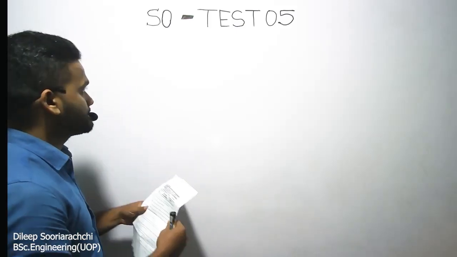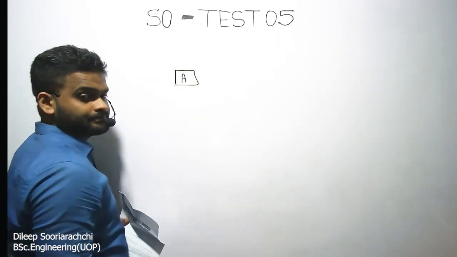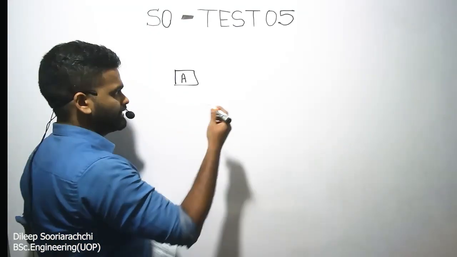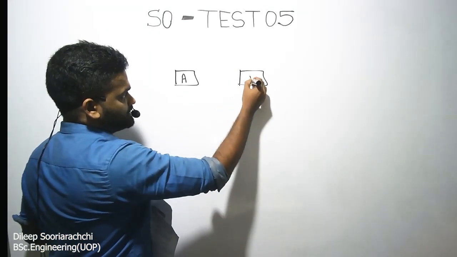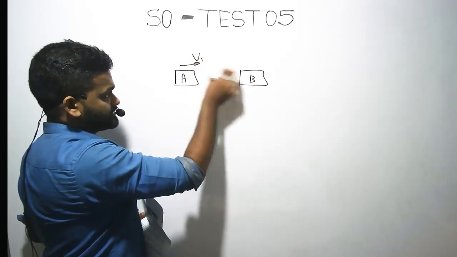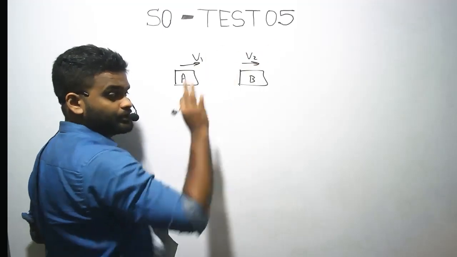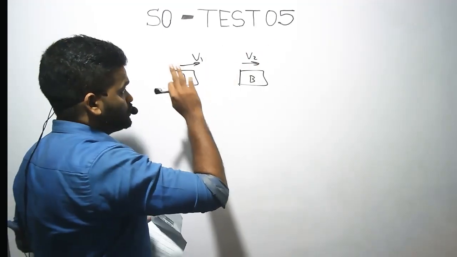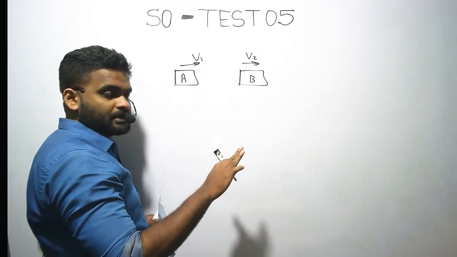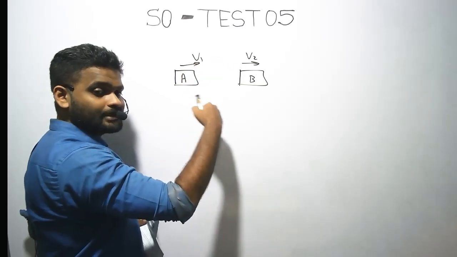Let's say you have object A, which could be a vehicle or any type of object, and object B. A is moving to this side at v1 velocity. B is moving to this side at v2 velocity. You can only apply this method given that these velocities are relative to Earth.